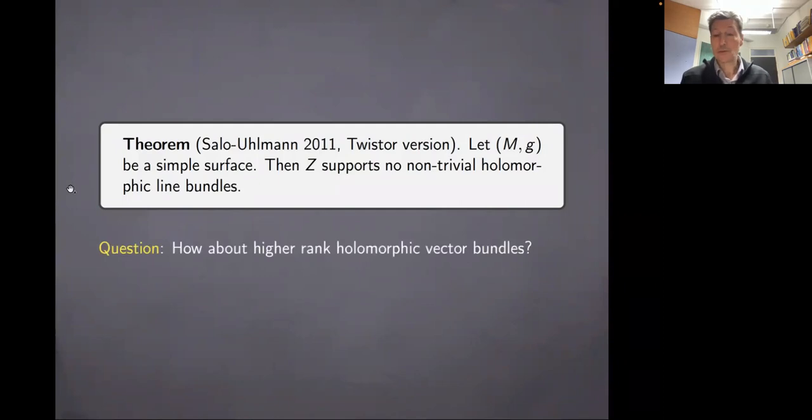So this begs the question, what about higher rank holomorphic vector bundles? You have a complex surface, your holomorphic line bundles are trivial. What about an arbitrary holomorphic vector bundle?